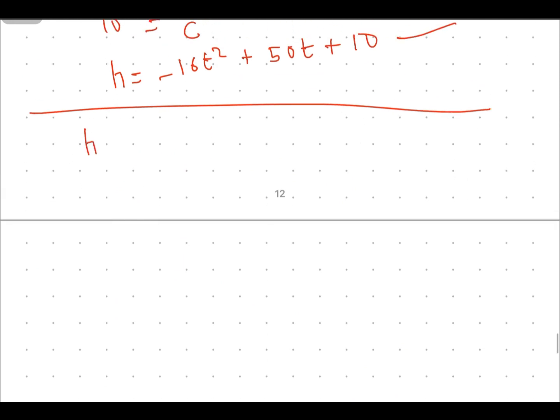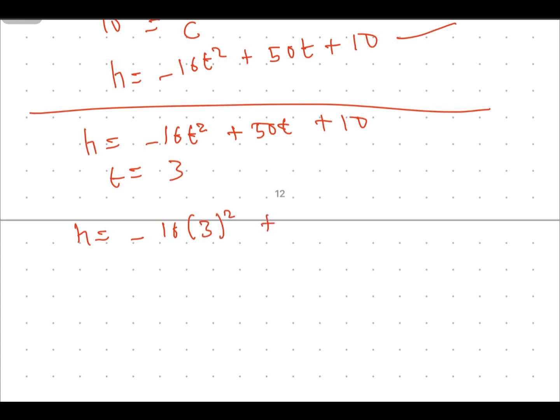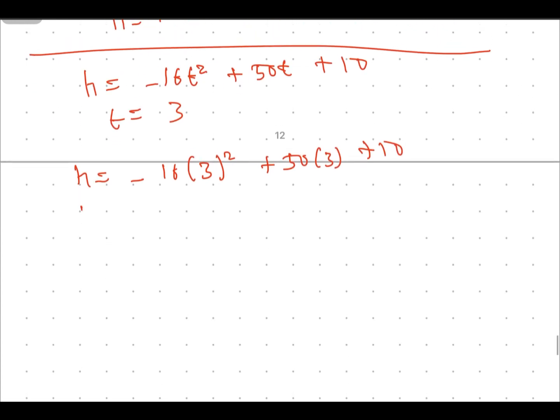Our height is h equal to negative 16t squared plus 50t plus 10, and they have given us the point: after 3 seconds, that means t equal to 3. So for t equal to 3, h is equal to negative 16 multiplied by 3 squared plus 50 times 3 plus 10.